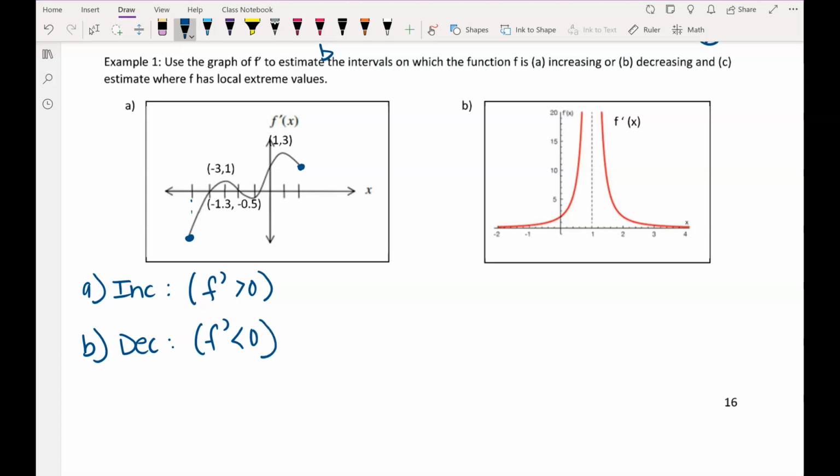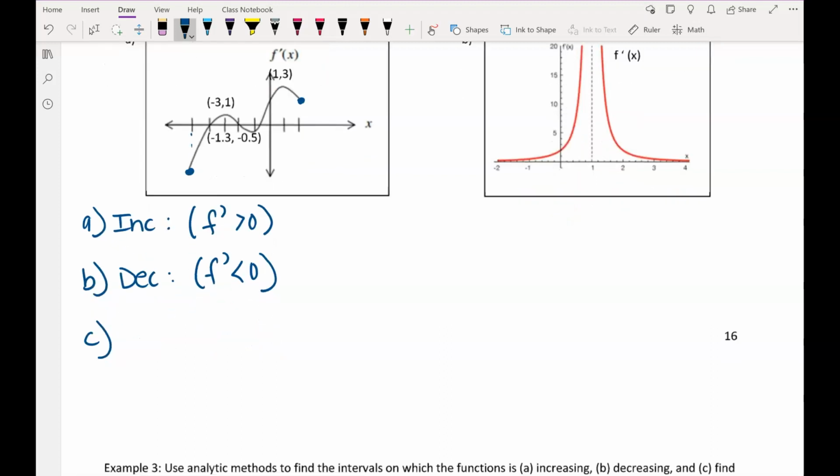And then it says here, C, estimate where f has a local extreme value, okay? So C, local max.